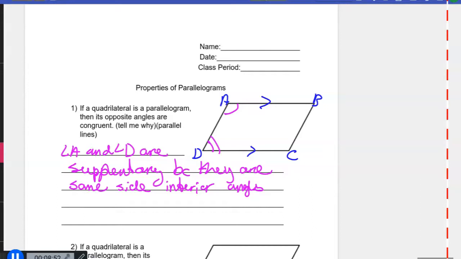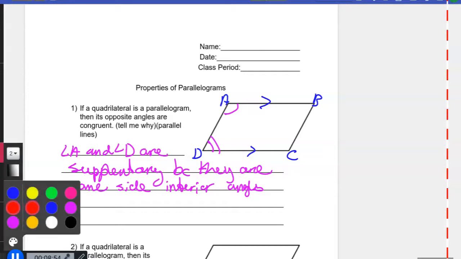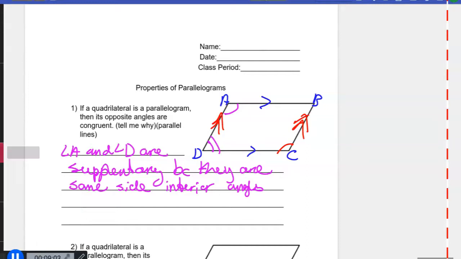I'll do it red. So if I look at AD parallel to BC, now I can do my bottom two, like angle D and angle C are supplementary. So that gives me A and C opposite.